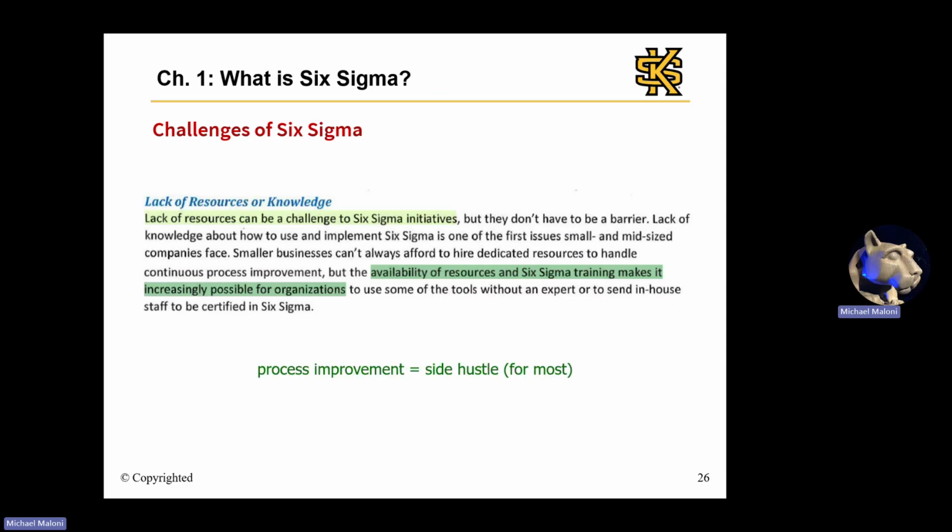So it winds up being a side hustle or extra work for them. So it can be difficult to pinpoint the best time to start a process improvement project. For instance, when business is good, everyone's too busy keeping up with that higher demand. And then when business is bad, everyone's again too busy scrambling to increase that demand.